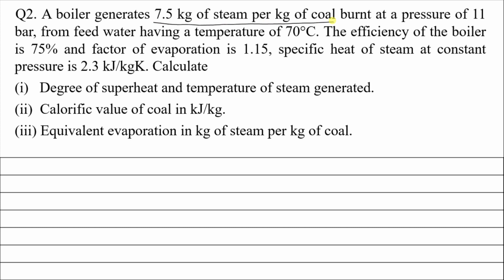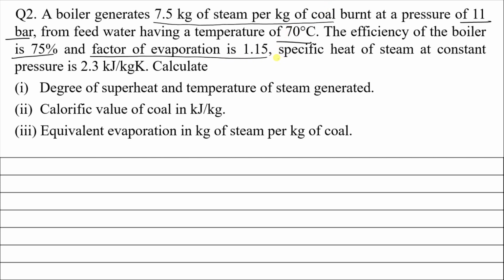The steam is generated at a pressure of 11 bar from feed water at a temperature of 70 degrees Celsius. The boiler efficiency is given as 75%, and the factor of evaporation is given as 1.15. We'll see what the factor of evaporation is and how to compute it.